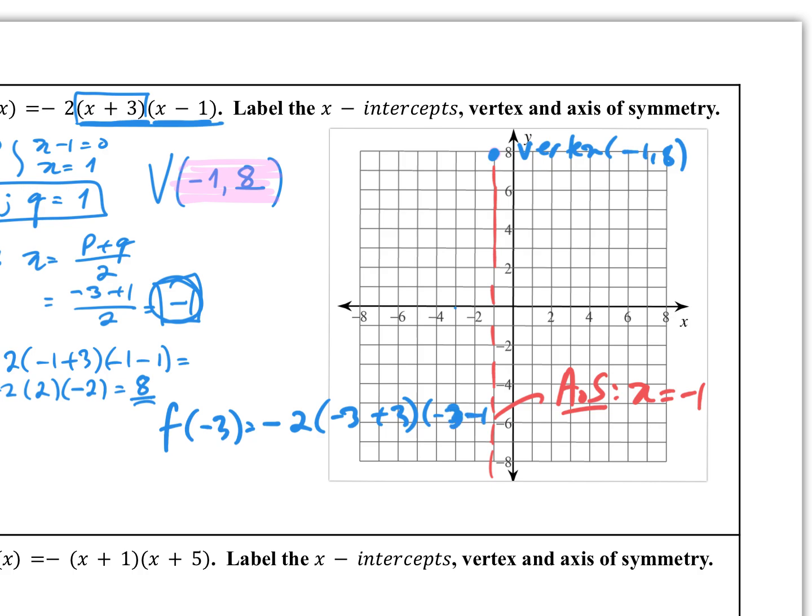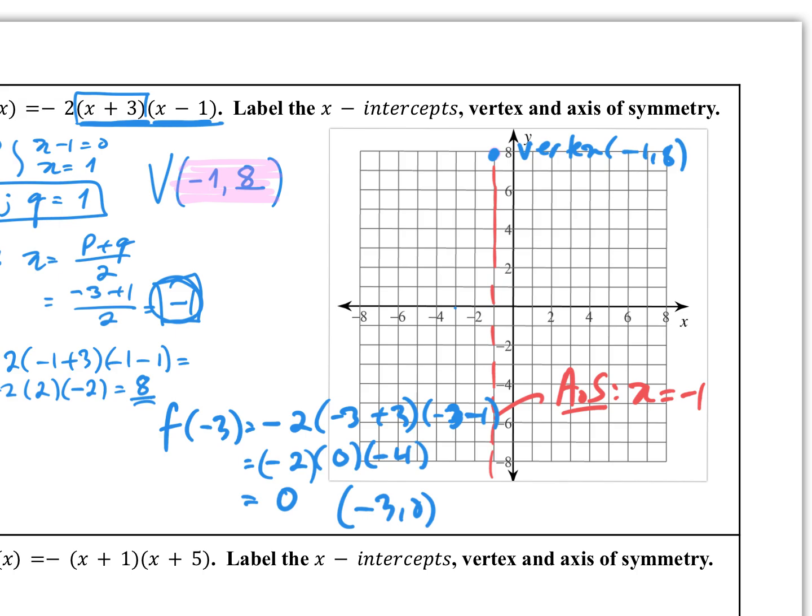That's going to give you negative 2, then 0, and then negative 4. Since everything is multiplied by 0, that's going to give you 0 only. So my coordinates are negative 3, 0.